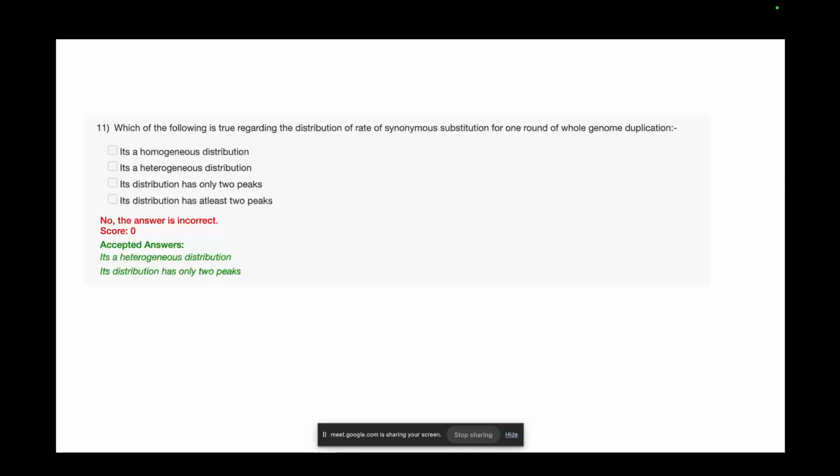After the mutation occurs, it will always be a heterogeneous distribution, and it'll have two peaks basically. So after one round of duplication, it can have two sets of peaks. I am also not very sure about the explanation to this, so I have to look it up. But this is the correct answer here. Let me do a quick check.